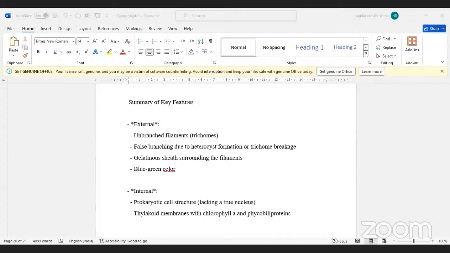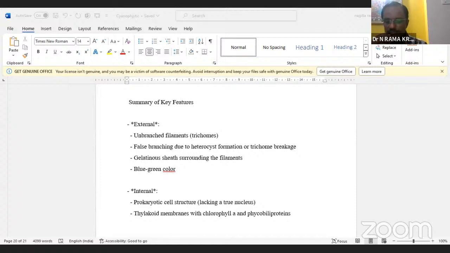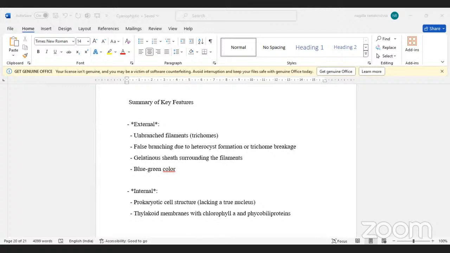Cells are prokaryotic in nature. Prokaryotic cells, okay. So what do we look at in cyanophytic algae in general? A mucilaginous sheath is present.